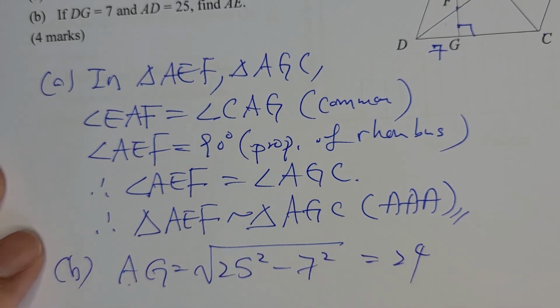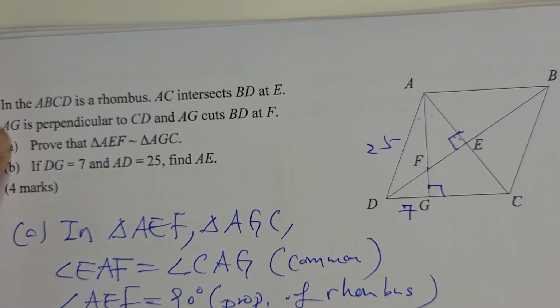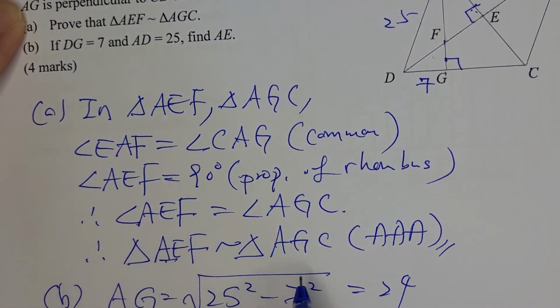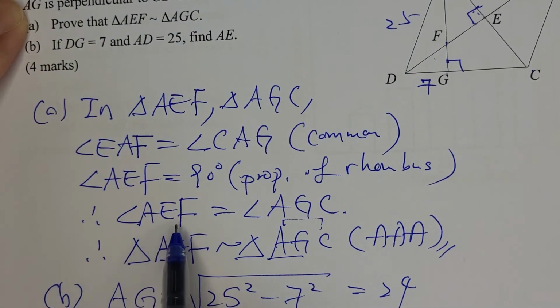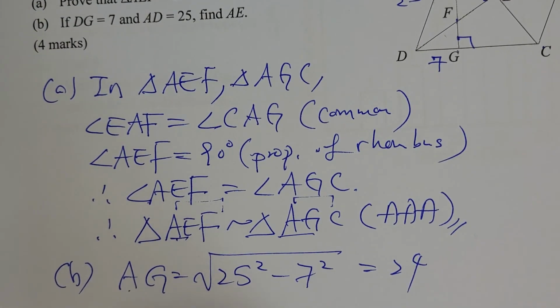Okay, the key point is then how do we use the result of A to find AE? You can see that if you want to find AE, look at the triangle. AE match with AG. And you can find that AC will match with AF.